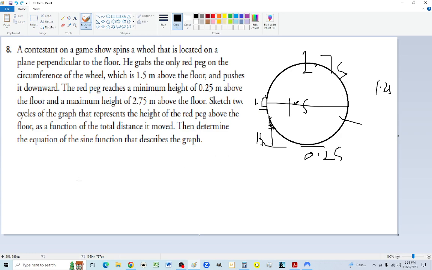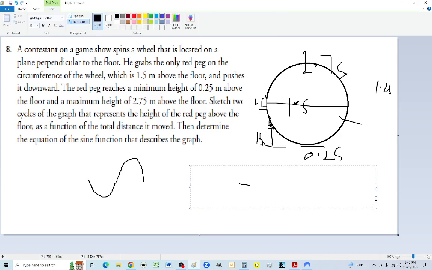Now, sines usually go up and then down, and this one's going down and then up, which means it's going to have a reflection in the x-axis, which means it's going to have a negative number in front. We've determined that the amplitude is 1.25, and we've also determined the axis is 1.5, so we've got the two y transformations, but we have to put a negative here, so the sine curve goes down.